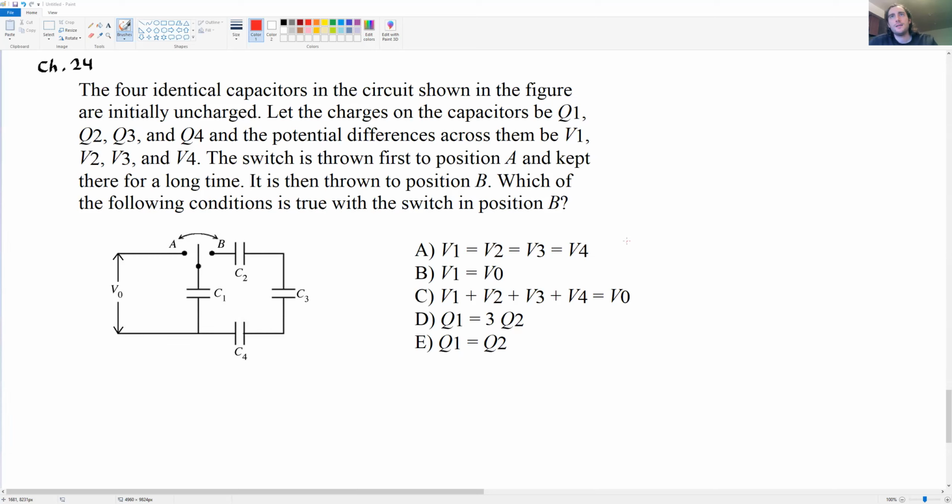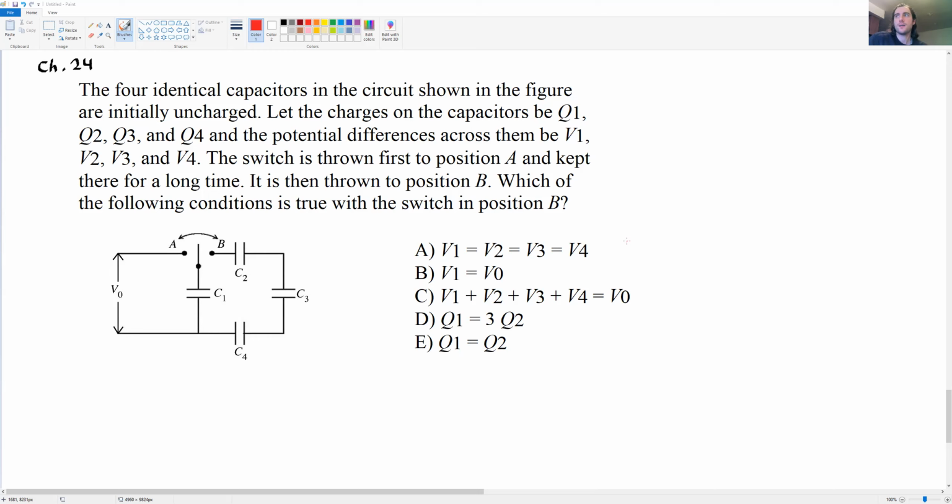Okay, so let's get on to chapter 24 now, which is a chapter all about capacitance and dielectrics. So here we have a question. The four identical capacitors in the circuit shown in the figure are initially uncharged.